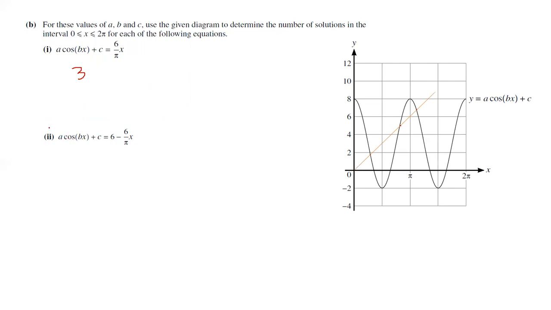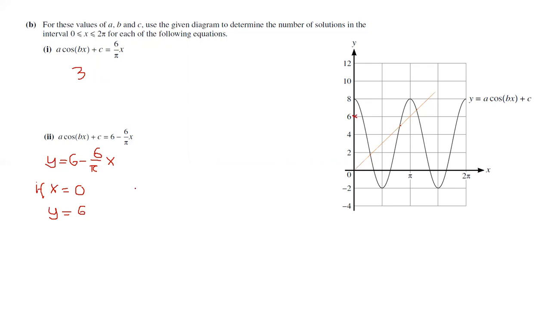So about this one? For B double I, it means y equals 6 minus 6 over pi x. If x equals 0, y equals 6. Yeah, this coordinate point.